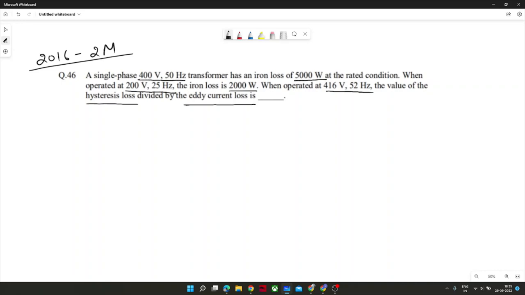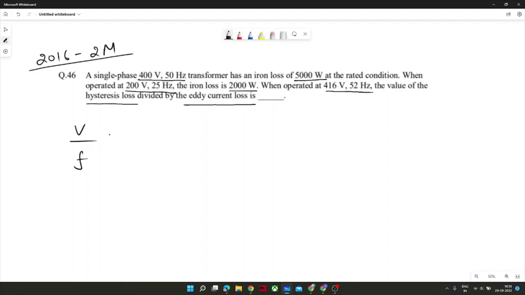Can you visualize any common factor among these three operating points, if you recall? The hysteresis loss would not be constant, but that factor would be constant throughout. So why so?